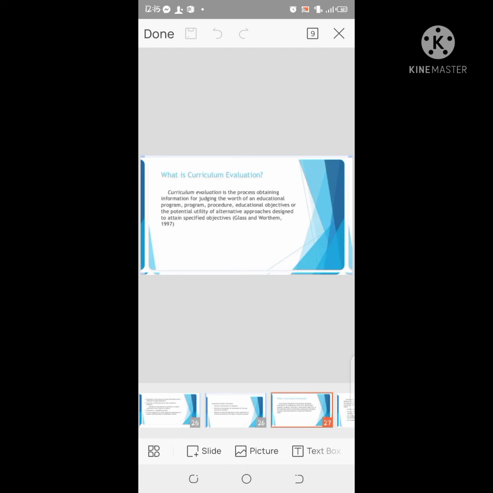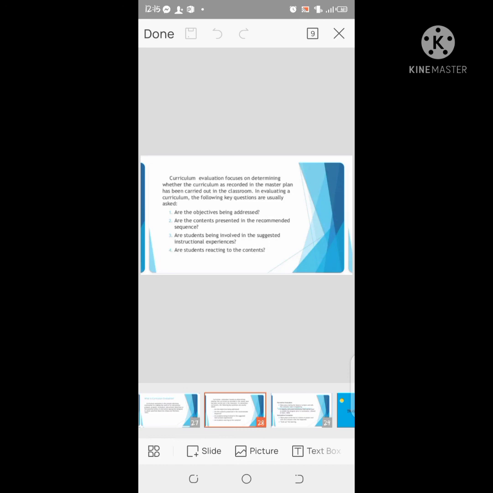So, curriculum evaluation talks about obtaining information or judging, or making conclusions about the educational program or educational objectives, whether they were attained or not.